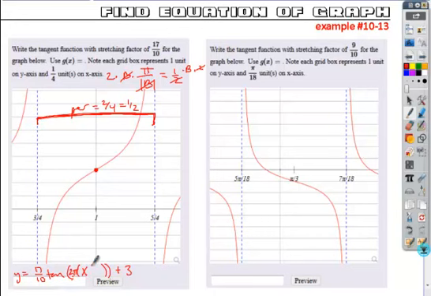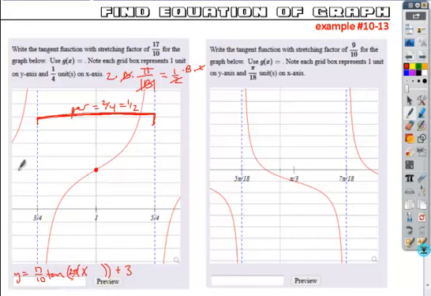And so the last thing that we need to figure out is, was this shifted? Right? So what we want to do is imagine extending this back. We have to go back and see where this point would fall from our original point. Well, our original point was 0, right?